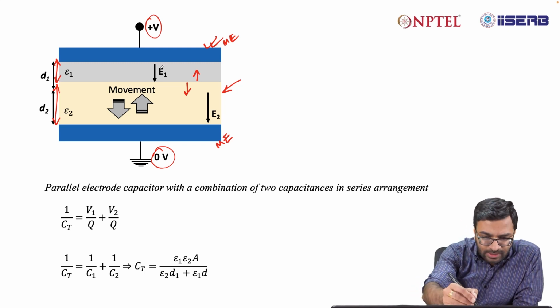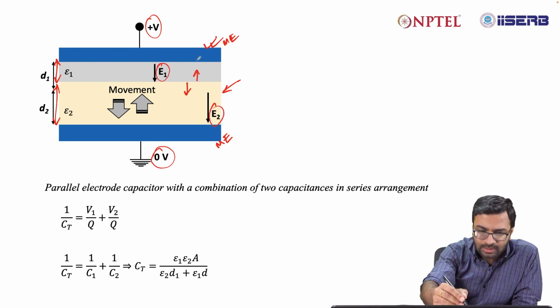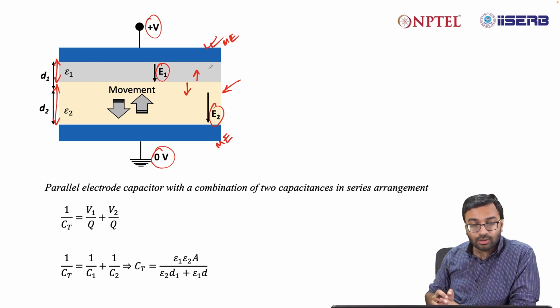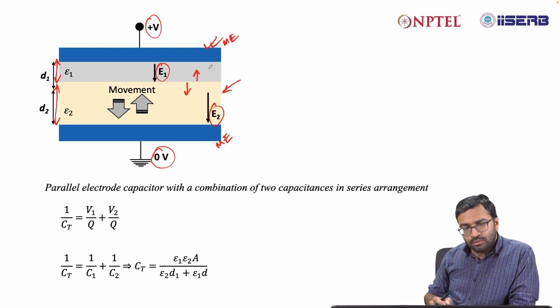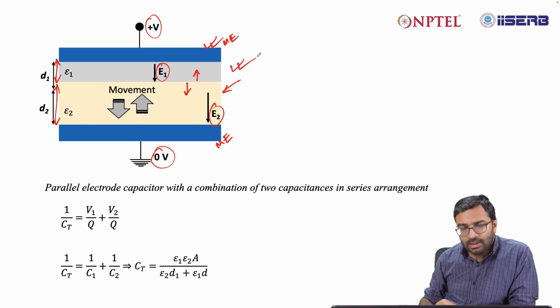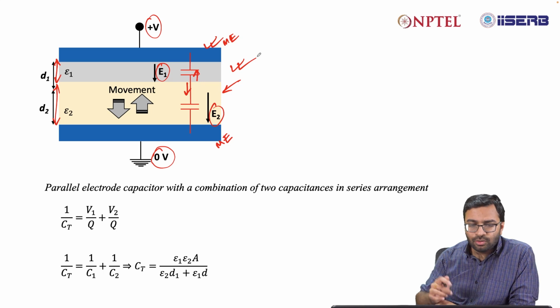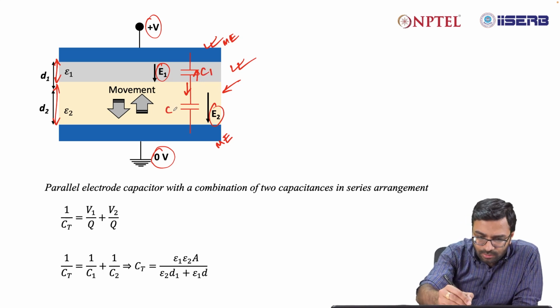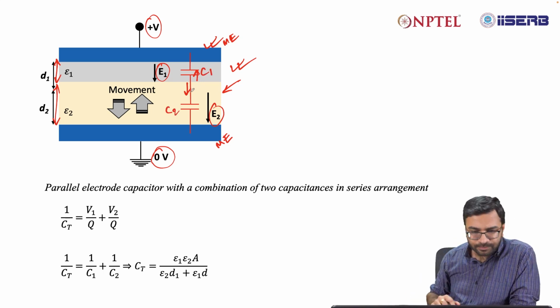The electric field in both these materials will be different because the dielectric constant is different, and if you simplify this structure you may find that this is nothing but two capacitors C1 and C2 connected in series.